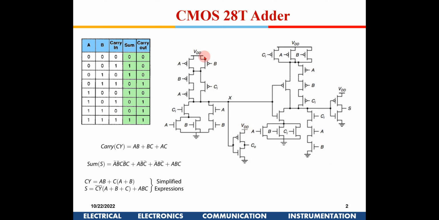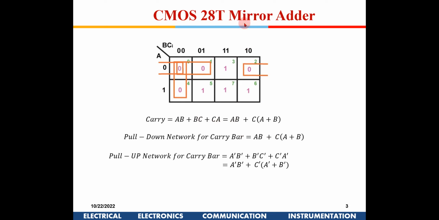This is 1 2 3 4 transistors which is stacked up. Here also there are 1 2 3 4 5 6 7 8, so many transistors are stacked one above the other. So we thought of making a mirror adder, right? So in the mirror adder, for the pull down network it is the same. For a pull up network, we grouped the zeros instead of grouping the ones. So for the pull up network, this is A dash, this is B dash C dash, if you group this.